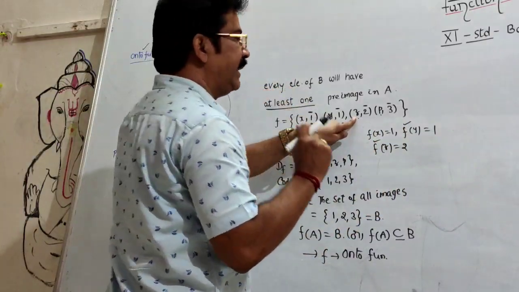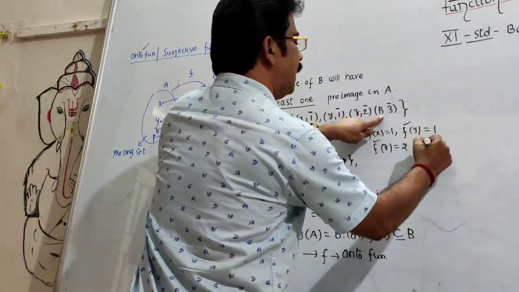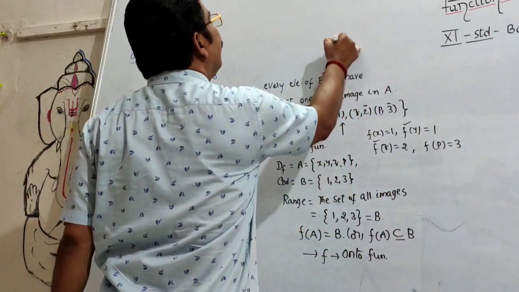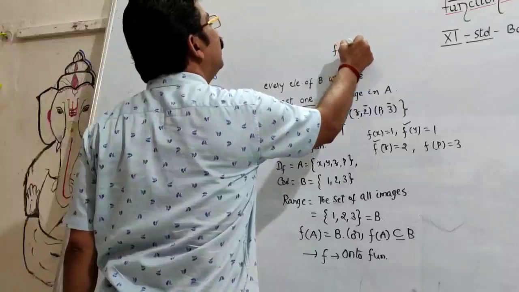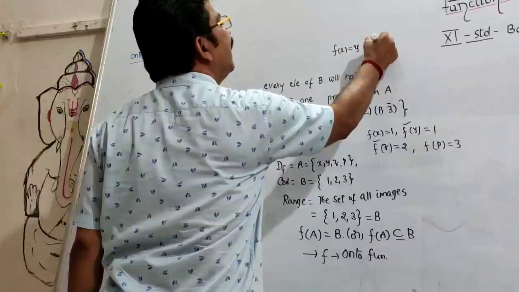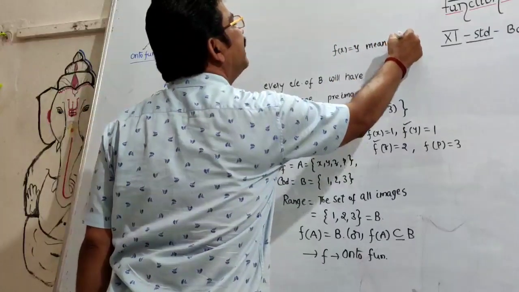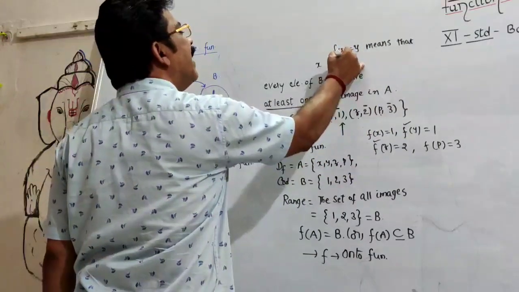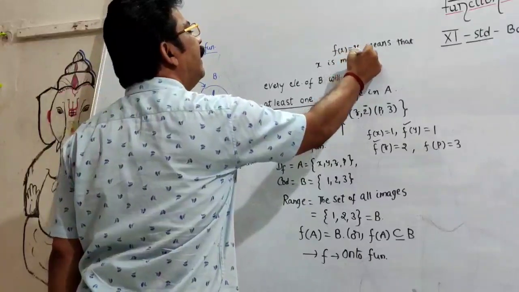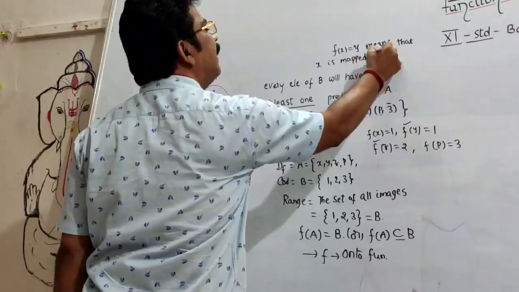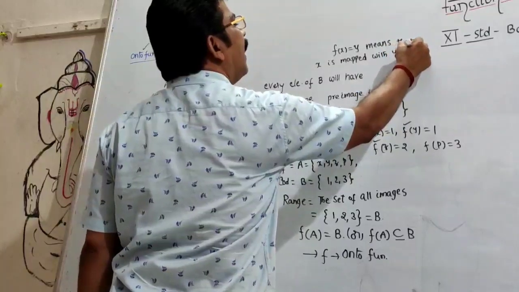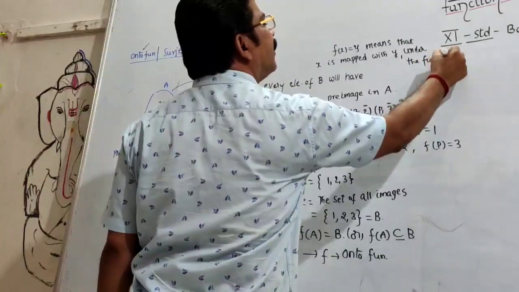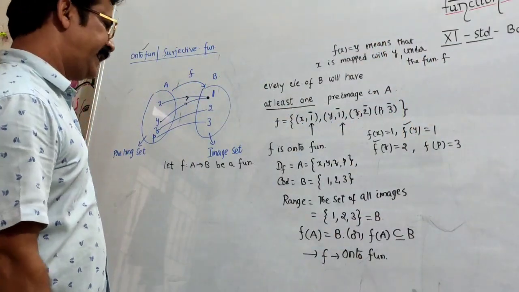It is the complete meaning. Next, comma, f of p that is equal to 3. What I am telling is that f of x is equal to y. Complete meaning, actual meaning means that x is mapped or assigned with y under the function f. This is the complete meaning.